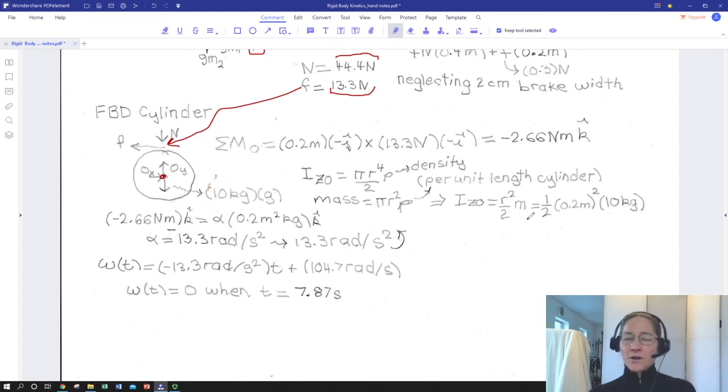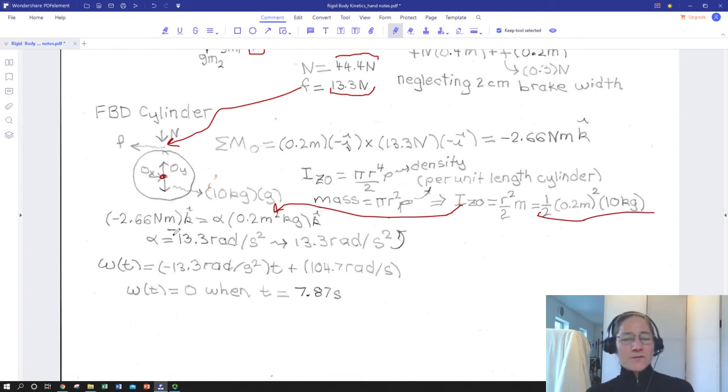So we have our Iz, which we can use to get our alpha. So we have our minus 2.66 newton meters of moment, equaling our angular deceleration in this case times our value for Izo, which ends up being 0.2 when we multiply all this out.